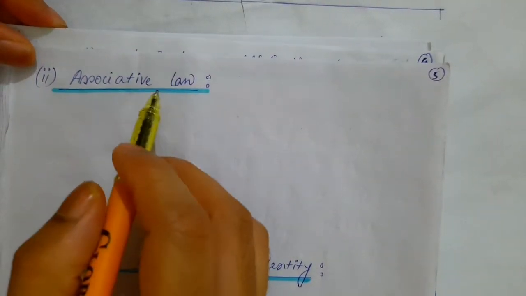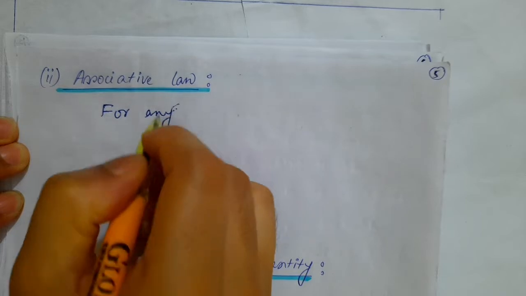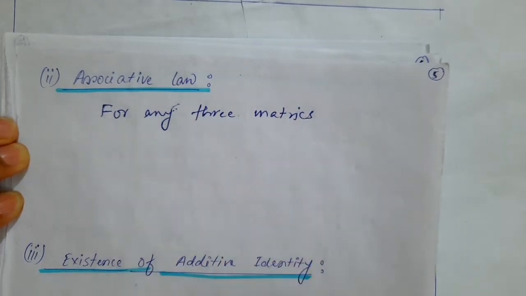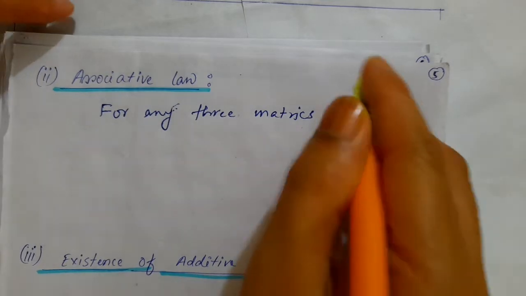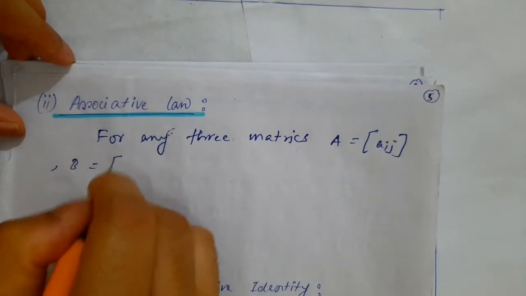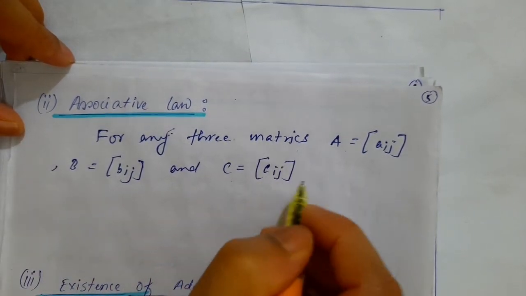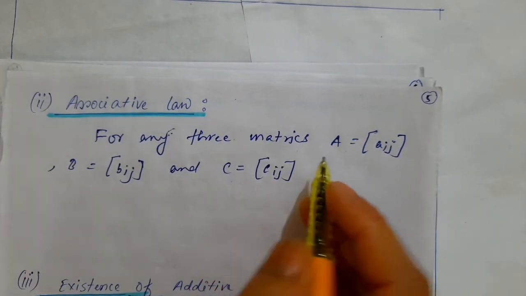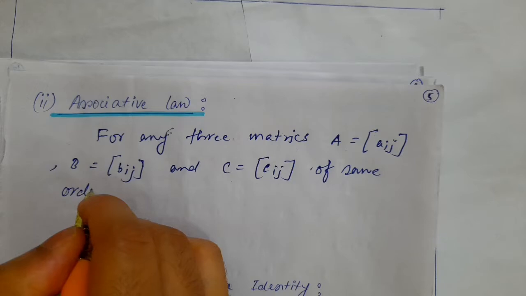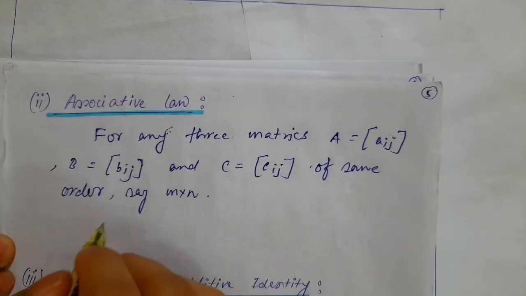Now come to the associative law. For any three matrices, suppose A equals Aij, B equals Bij, and C equals Cij, all of the same order, say m by n, they follow the law of associativity.